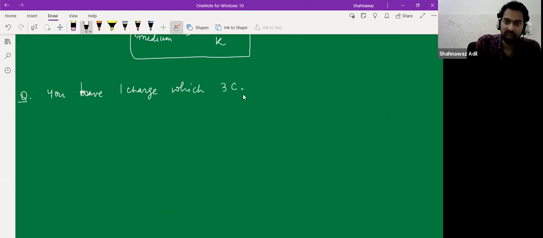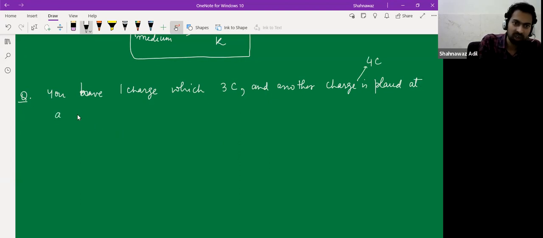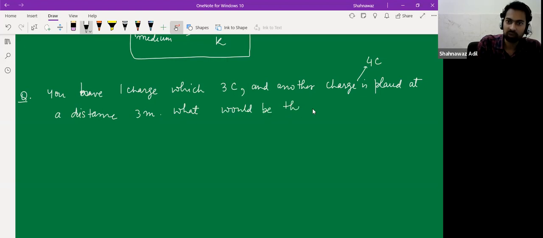And another charge, 4 coulomb, is placed at a distance, let's say, 3 meters, right? Then what would be the force? So what would be the force?